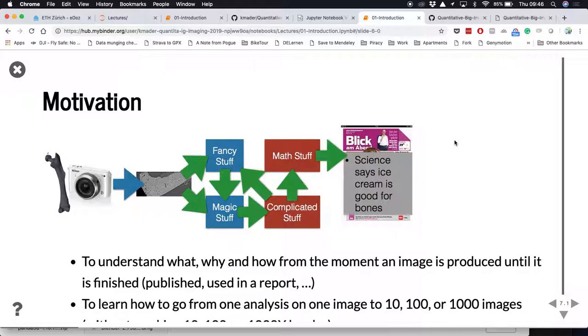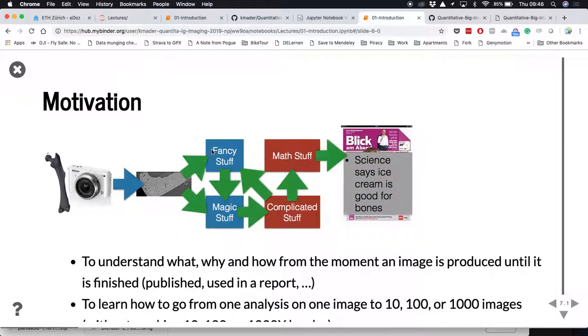And really the point of this course is to try to disentangle all of these things and understand how to do these things correctly so that you can come to this conclusion. I mean, not this conclusion specifically, but that you have the ability to take a bunch of image data and turn it into a scientific paper, or at least a complete, somewhat coherent thought about what this data means.